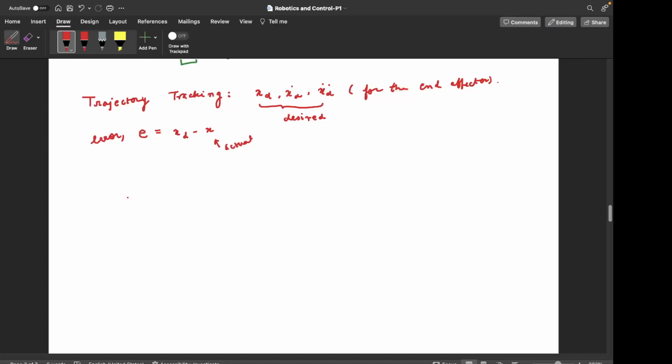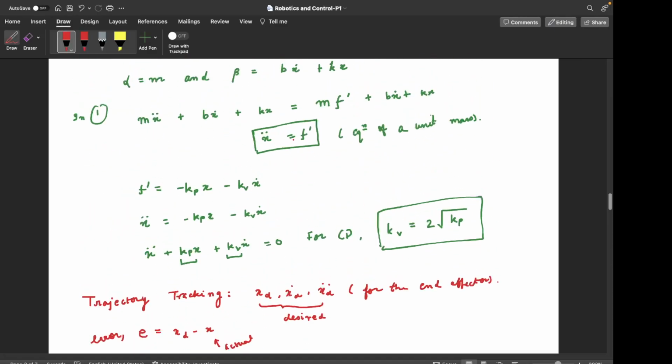So here we select f dash as xd double dot plus kv e dot plus kp e. And what is f dash? We again follow this unit mass thing.